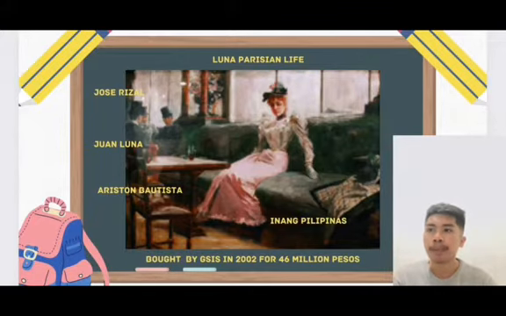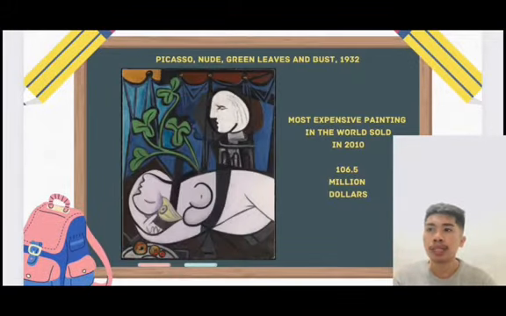Slide number 13. Nude, Green Leaves and Bust is one of a series of portraits that Picasso painted of his mistress and muse Marie-Therese Walter from 1932. He kept their relationship secret for many years, even from some of his closest friends, but particularly from his wife Olga. Picasso, a middle-aged married man, fell in love with her when he saw her outside the metro and proposed that he paint her portrait.